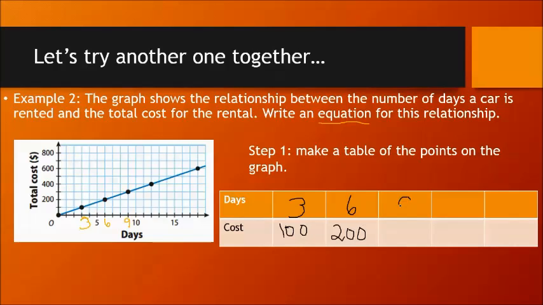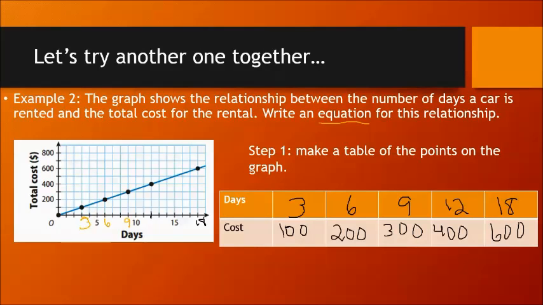For 9 days, how much does it cost? $300. For 12 days, this one right here is 12, it costs $400. And the last point is 18 days. There's 18 there. It costs $600.